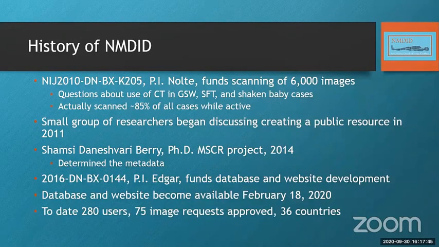And to date, today in September, there are 280 users approximately, it might be more than that by now, who have made requests for data from the database. We've approved 75 image requests, and 36 countries are represented, although earlier today I think I approved somebody from a 37th country. So I love the global scale of this project.